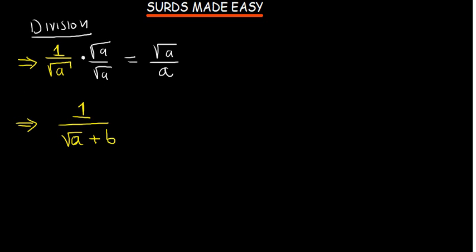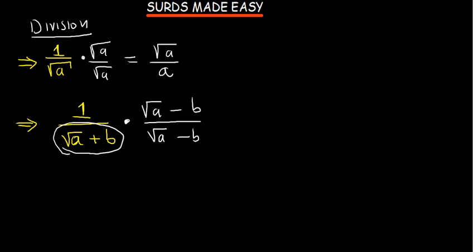To divide this, you look at the denominator. That same thing that is in the denominator, you write it on top, but you change the sign between. So always get the one which is down and change its sign.